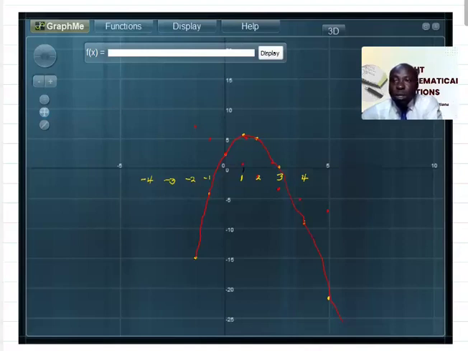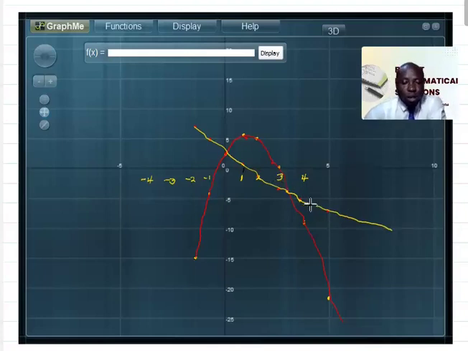Now from this point, one thing about this is that it must be a straight line. So we are going to connect them together. When you are drawing, please ensure that you use a ruler. It must be a straight line. Since it is a linear equation, it must be a straight line.